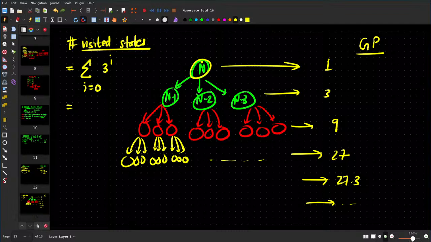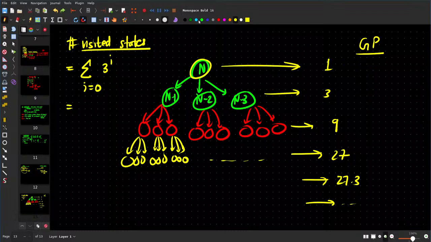How do we represent this in terms of n? There would be n levels of this, right?